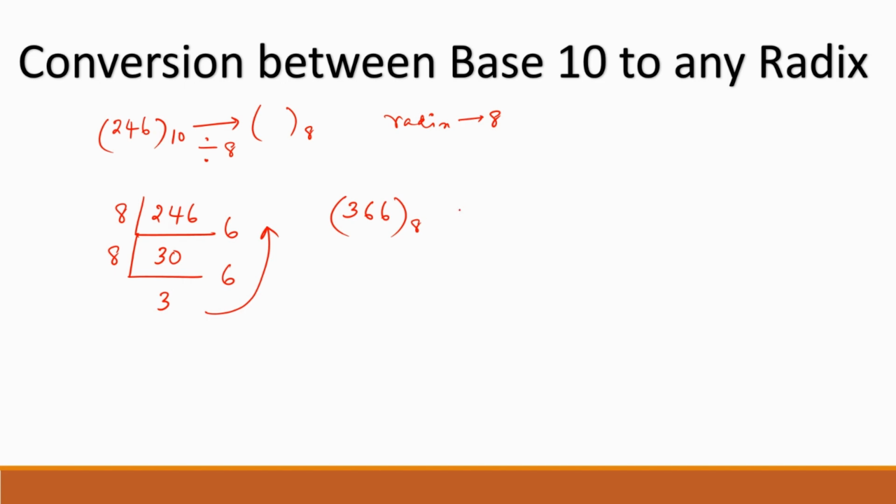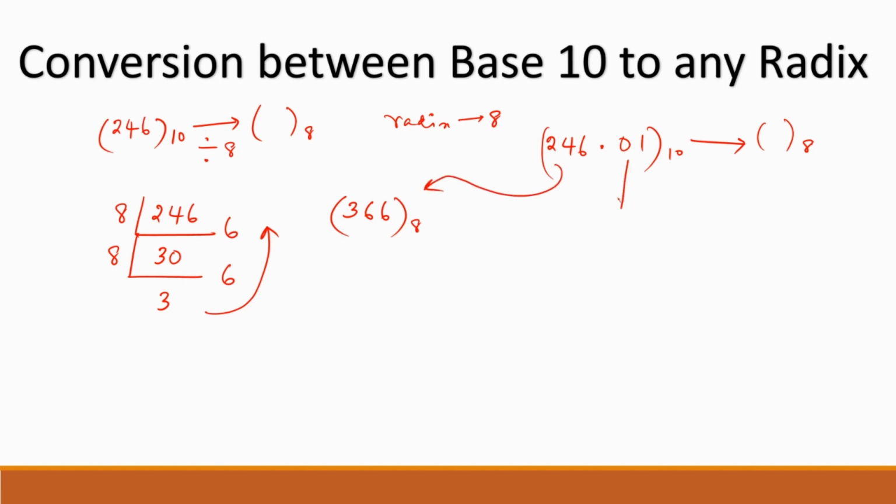Suppose I have some decimal part to it. Say I have 246.01 base 10 and I want to convert this into radix 8. The integer part has to be dealt with in this manner.